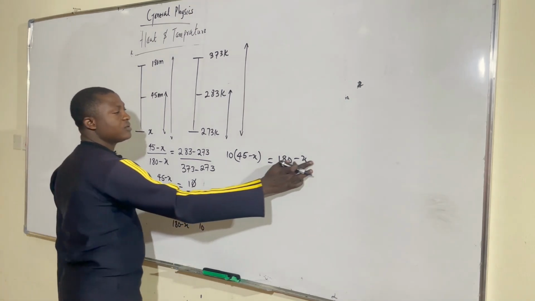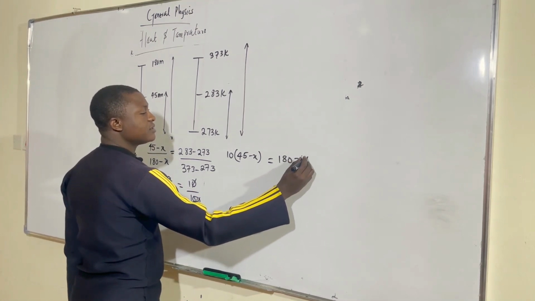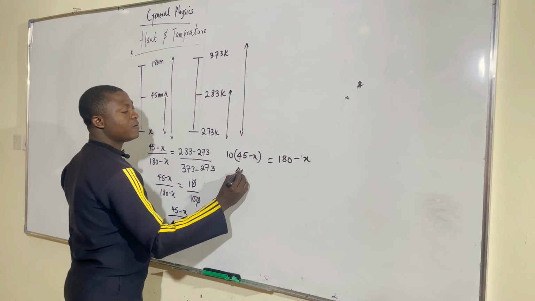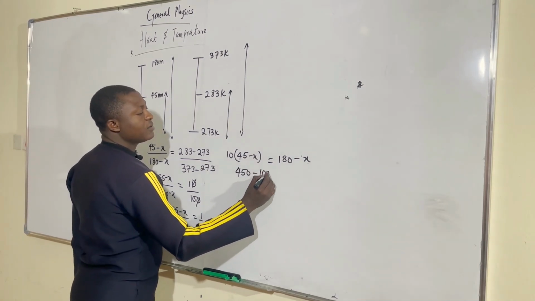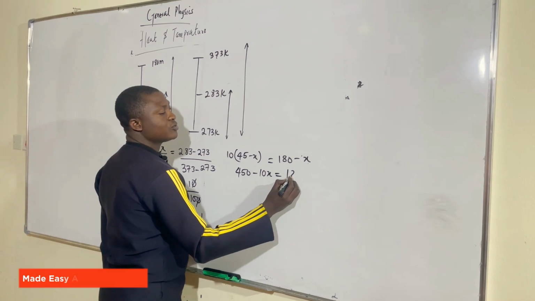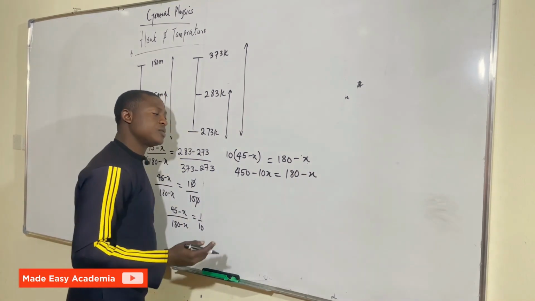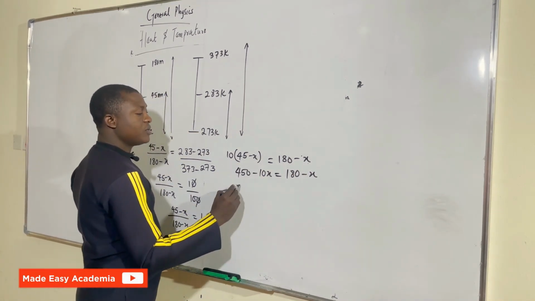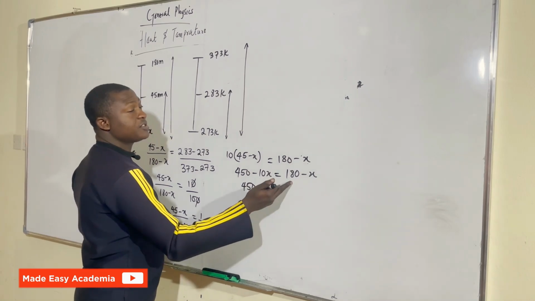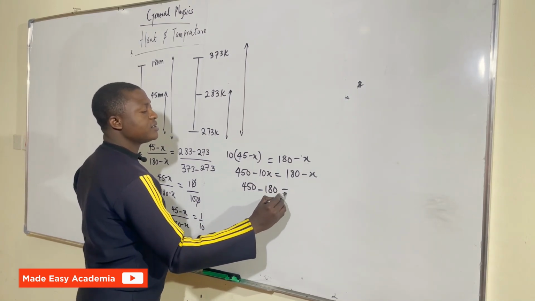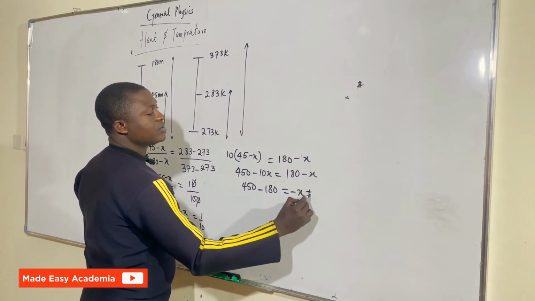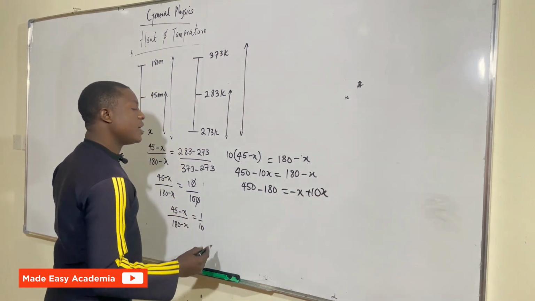What is the next step here? Just open the bracket. So this times this, we have 450. So 10 times minus x, of course, we are going to have minus 10x is equal to 180 minus x. So if I collect like terms, that means that we have 450. This is positive. It comes here, we have minus 180 is equal to minus x, then plus 10x.